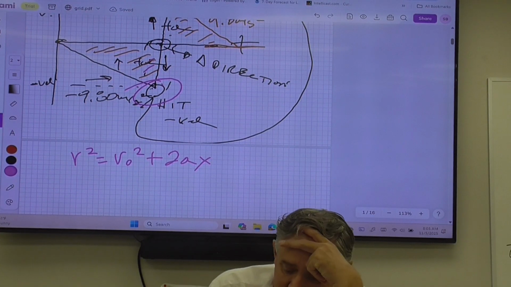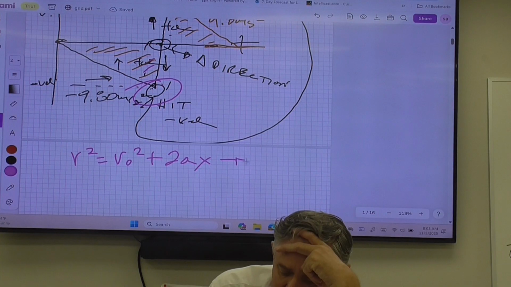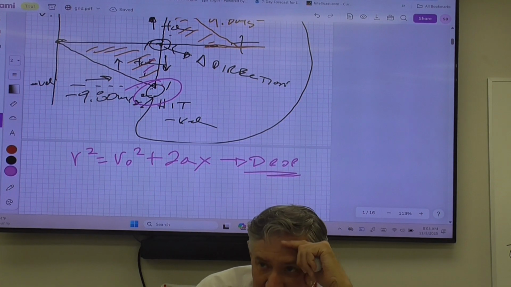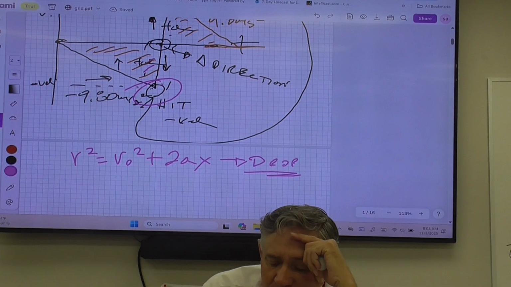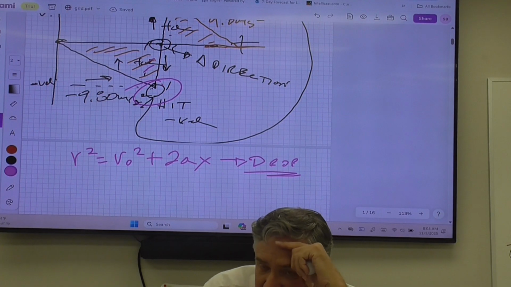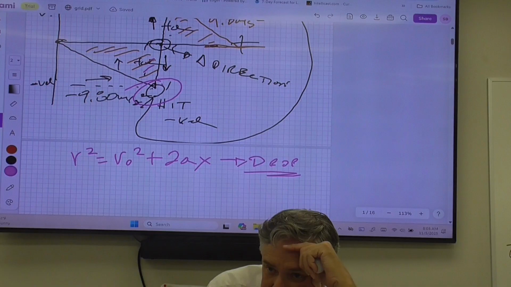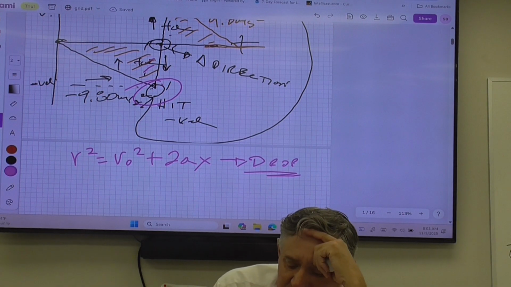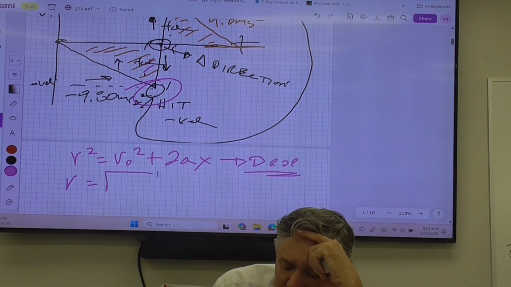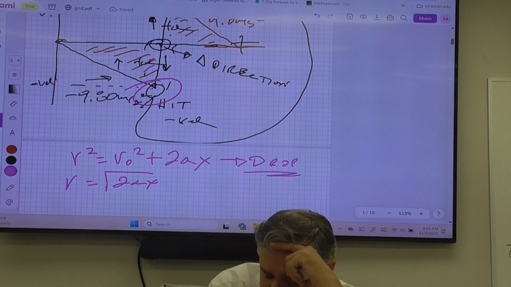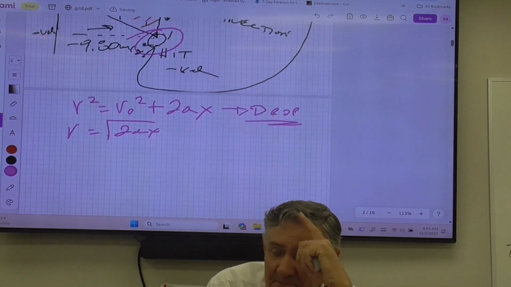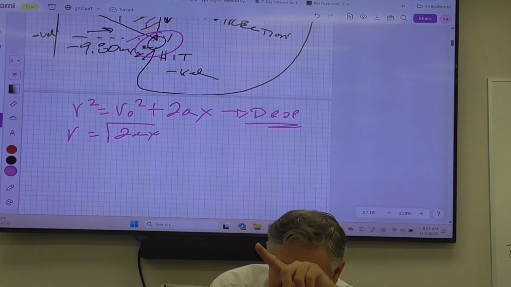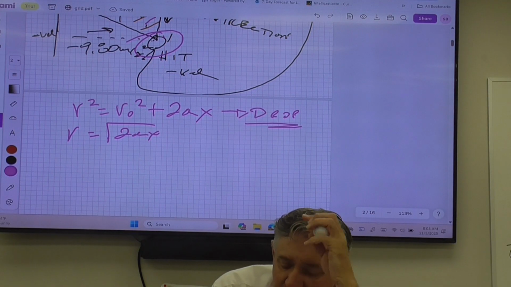So when it's dropped, this is going to be my drop calculation. When I drop it, do I know my final velocity or my initial velocity? I know my initial velocity is going to be zero, so this is just going to be v equals the square root of 2ax. Now, what I'm about to do is wrong. Do not do what I'm about to do.